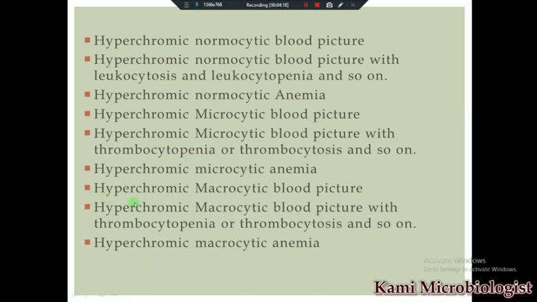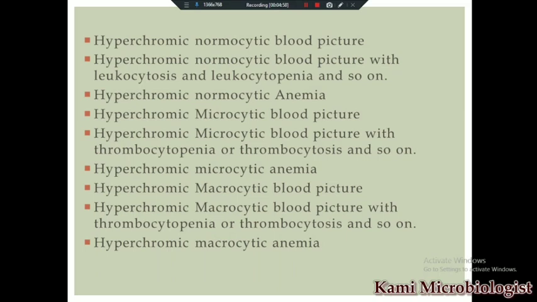Then we have another comment, hyperchromic macrocytic blood picture, in which the CBC report has high MCH and MCHC values and a high value of MCV, then we call it a hyperchromic macrocytic blood picture. And when you see thrombocytopenia or thrombocytosis, meaning a low or high value of platelets, we give thrombocytopenia and thrombocytosis respectively.